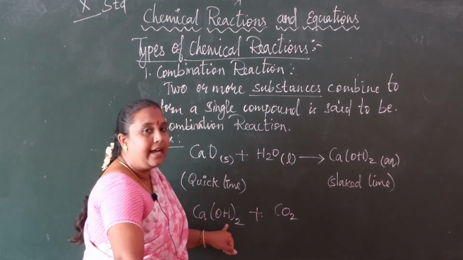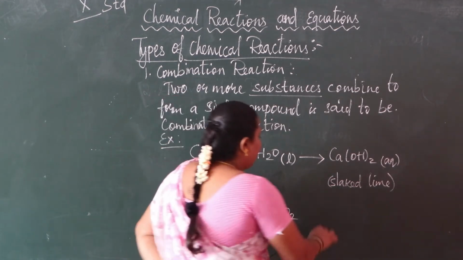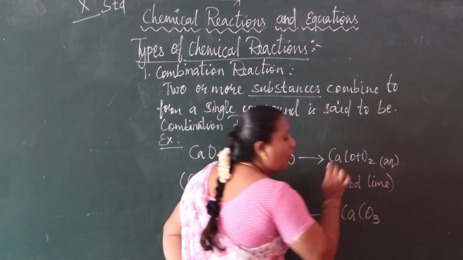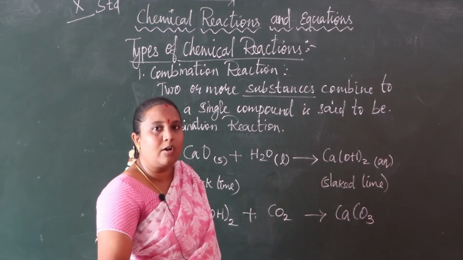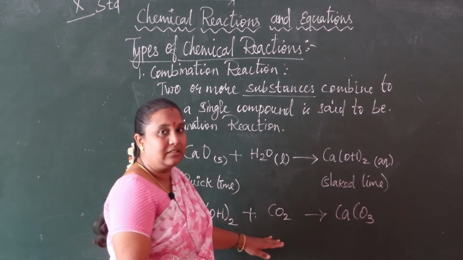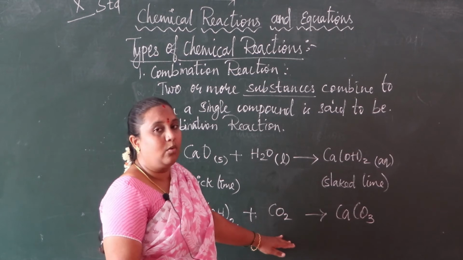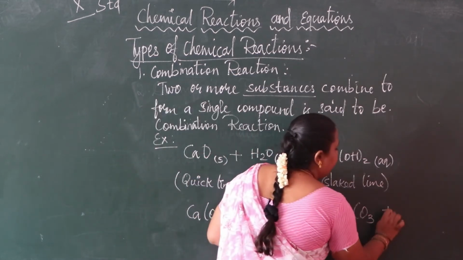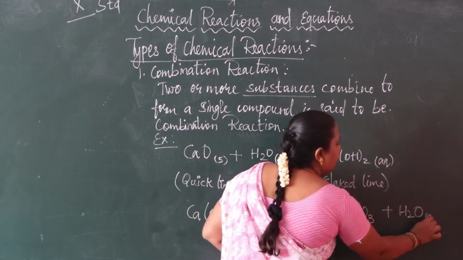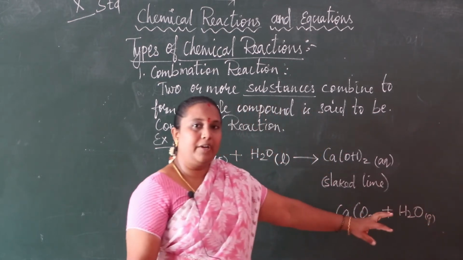These two react and we get calcium carbonate on the walls. Where is the wet water? It evaporates in the form of steam, that is gas.